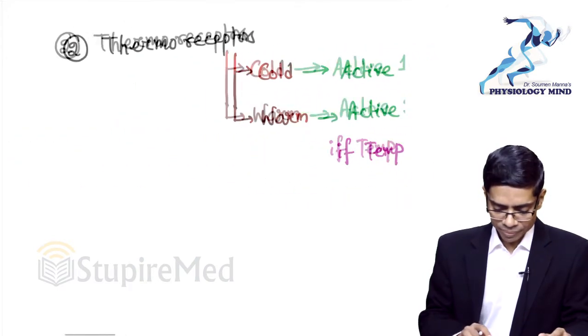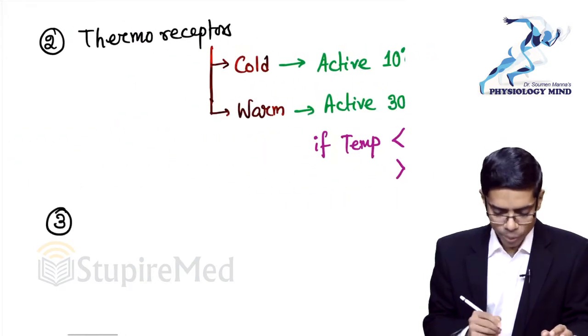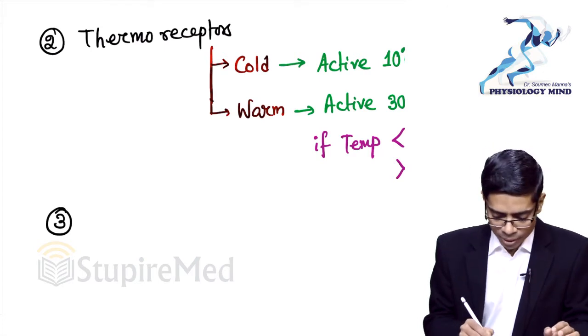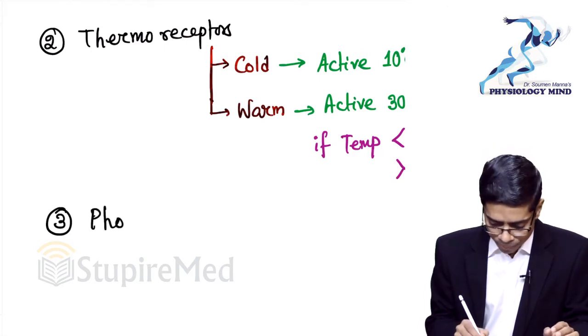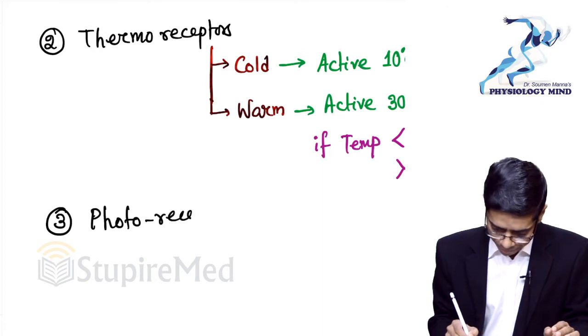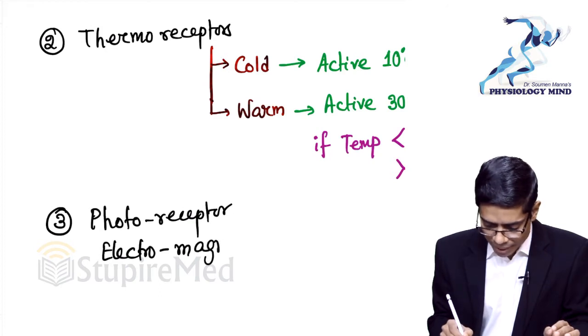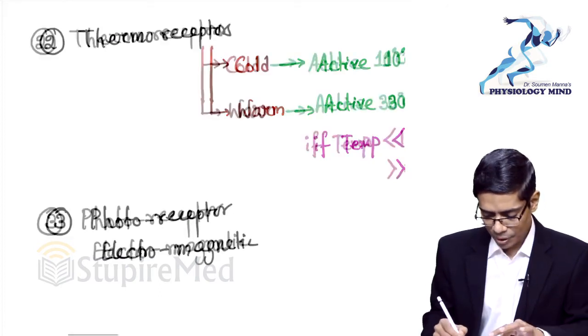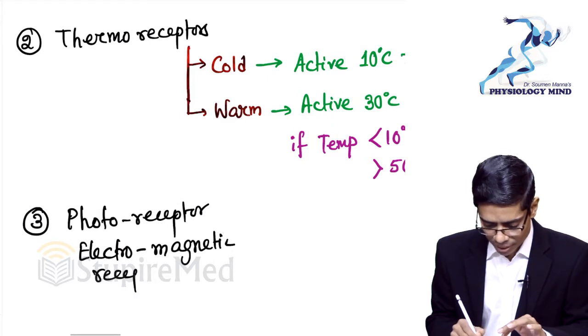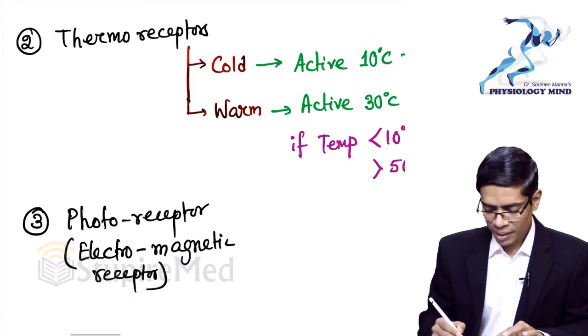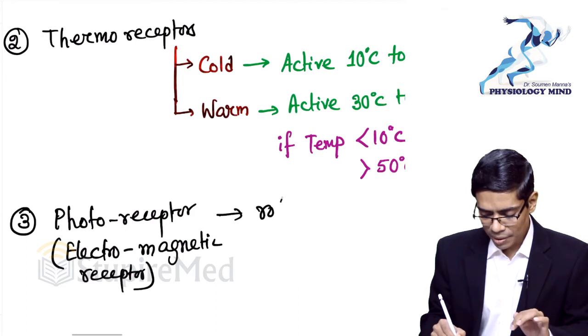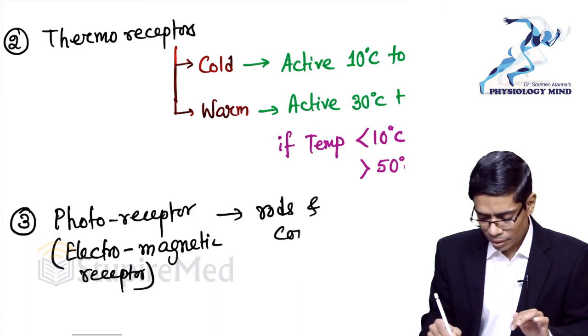Now coming to the third type of broad group, that is the photoreceptor. Photoreceptor is also known as electromagnetic receptor. Obviously the examples are rods and cones.